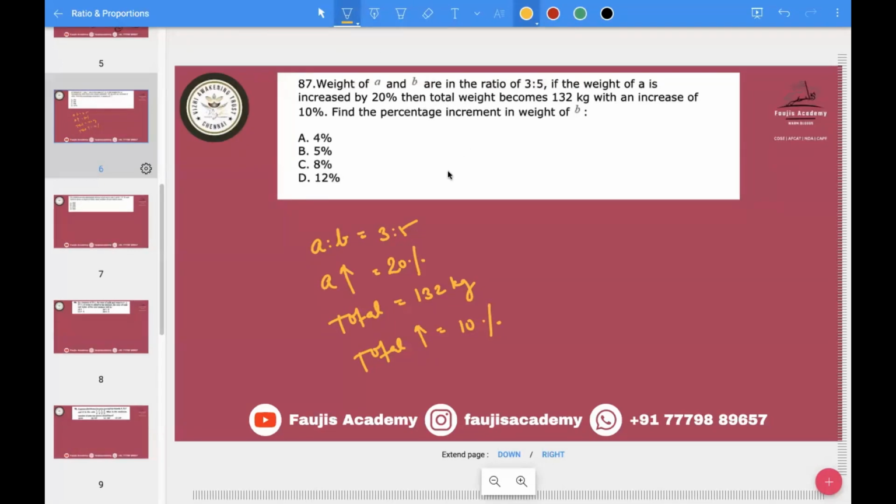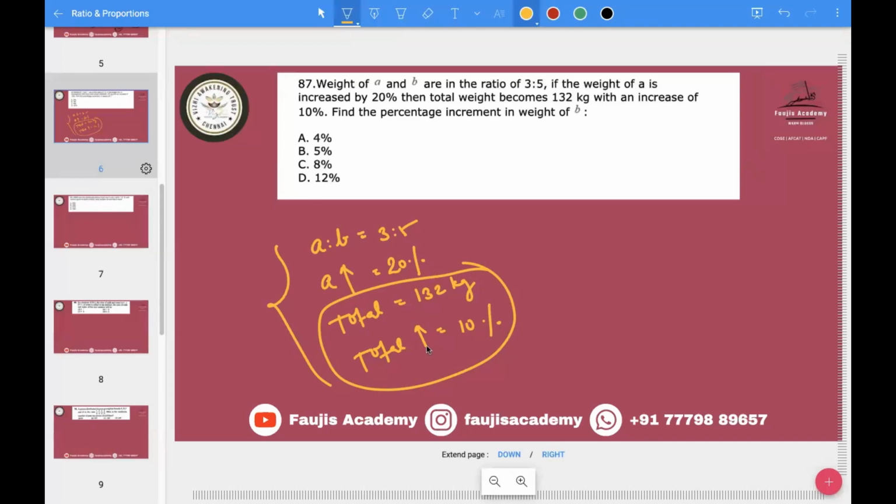Right. This is one way, the traditional way. The method that I'm going to show you is the same as what Harita said, just that it will help you with a faster calculation. From here you can see that the weight is 132 kg and the total is increased by 10%.